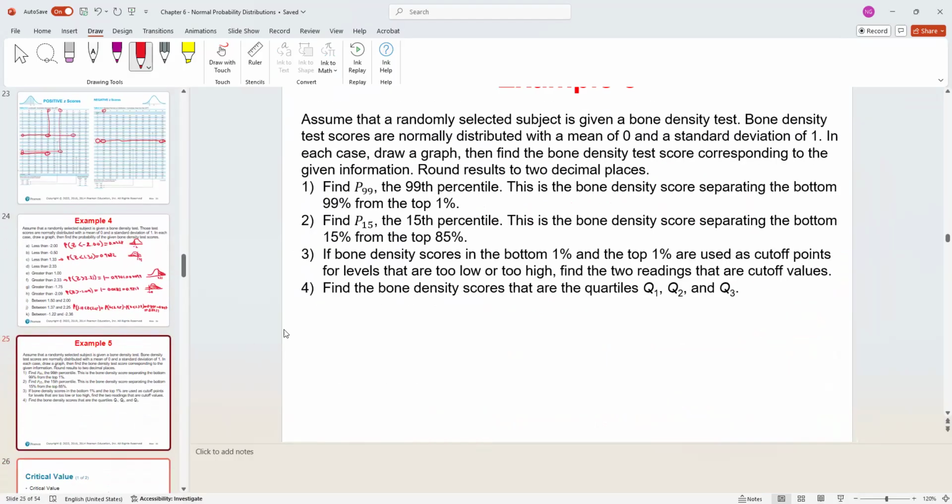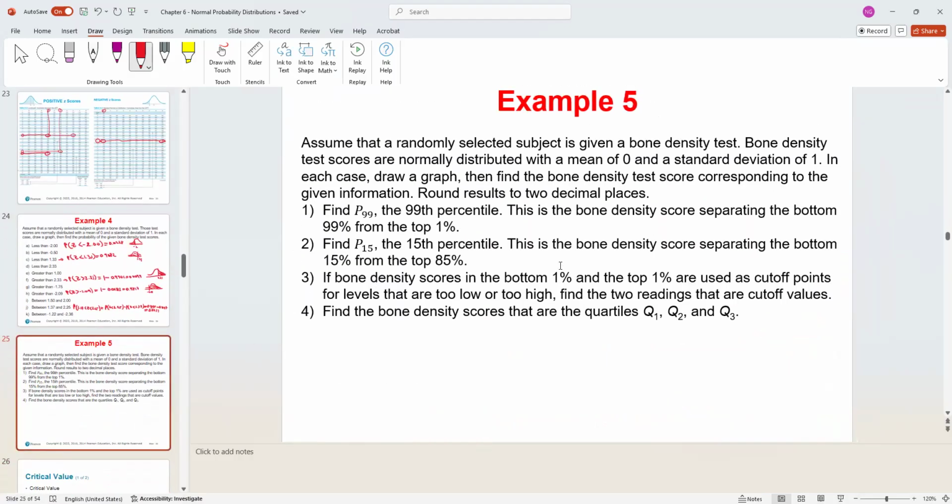So if we go with another example here, you see there are different ways we can answer the exact same questions. For this exercise, we assume that a randomly selected subject is given a bone density test. Bone density test scores are normally distributed with a mean of 0 and a standard deviation of 1. In each case, draw a graph, then find the bone density test score corresponding to the given information.